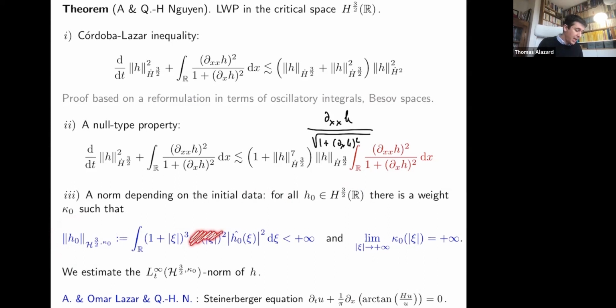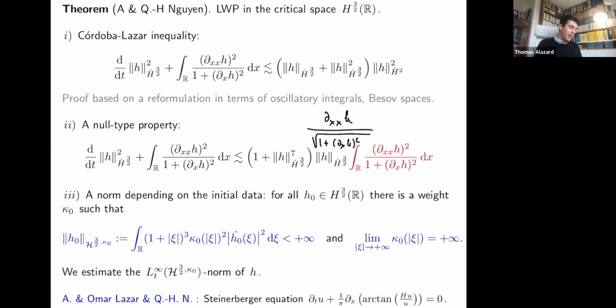Consider a function h0, which is in the critical space H^{3/2}. By definition of that norm, this means that this quantity is finite. But using some standard exercise in Lebesgue integral theory, you can prove that there exists a function kappa 0 that goes to plus infinity when psi goes to plus infinity, such that this integral is still finite.